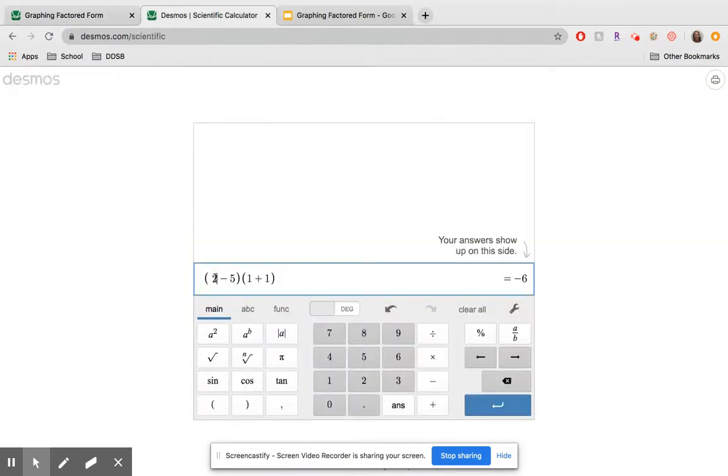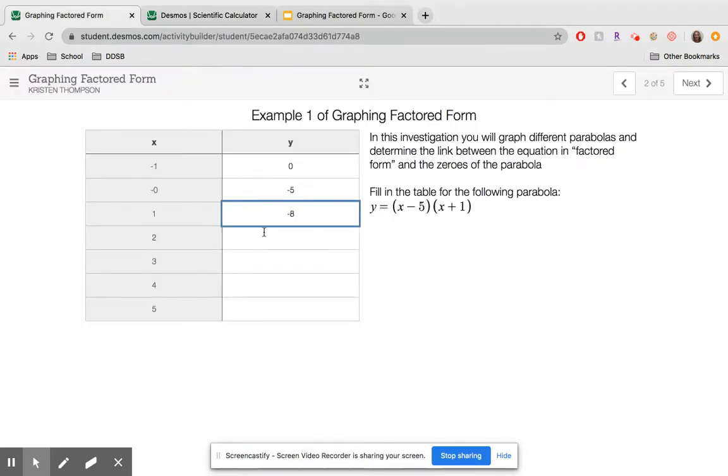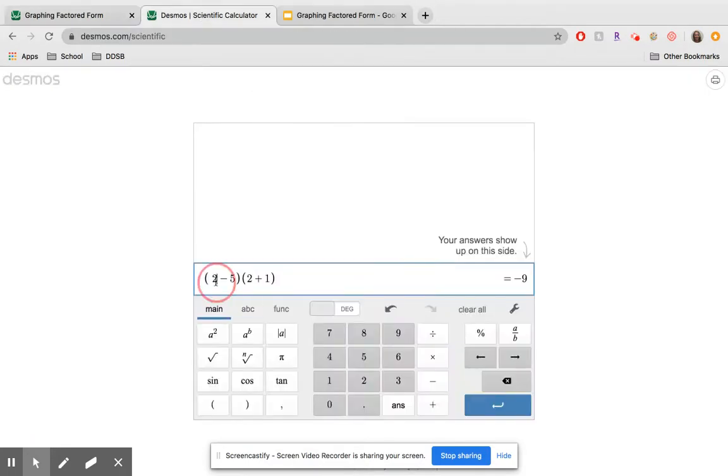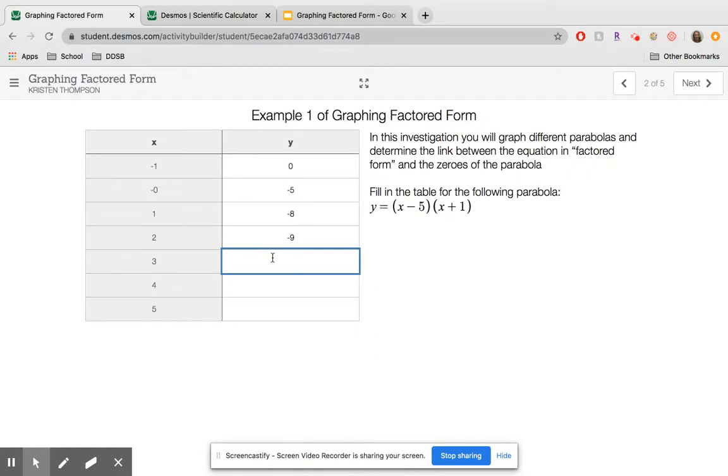We'll put 2 in, -9, then 3, -8, and then it will be the same step pattern as it would be going back. So then this would be -5, and then this one would be 0.